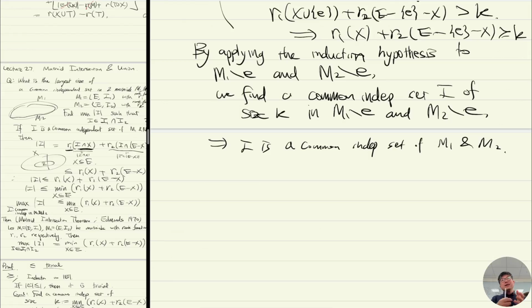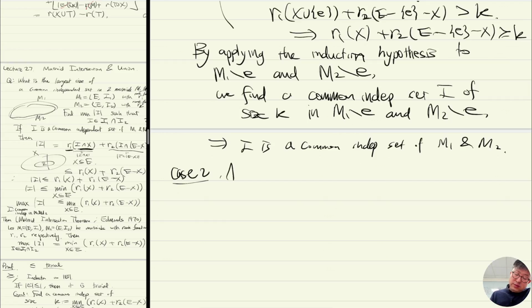When you delete something, the independent sets are preserved. The independent sets of the matroid are just independent sets not containing particular elements, so it's okay. So that was the first case. Case 2 is a different case.